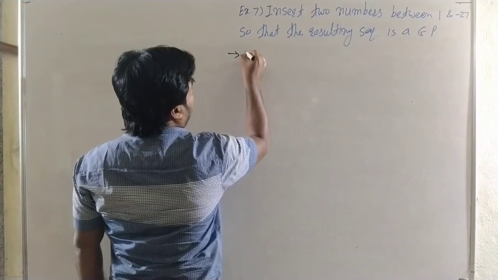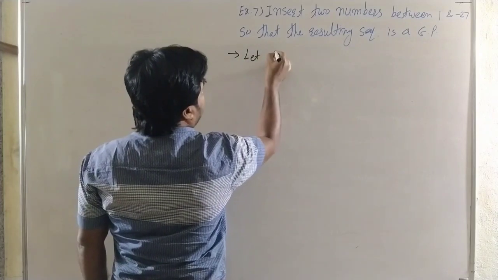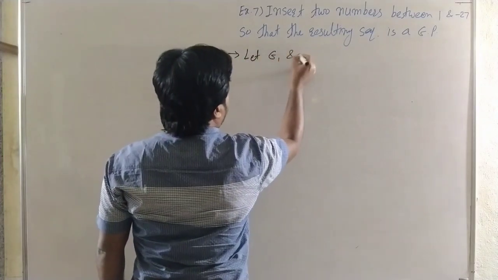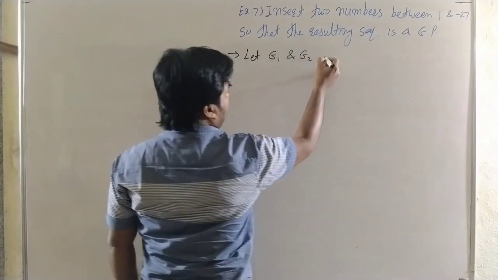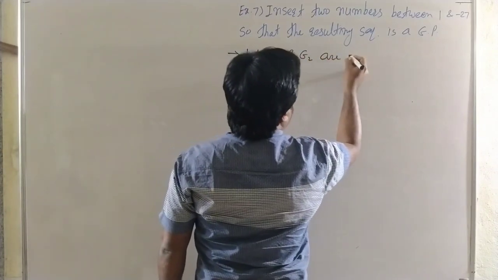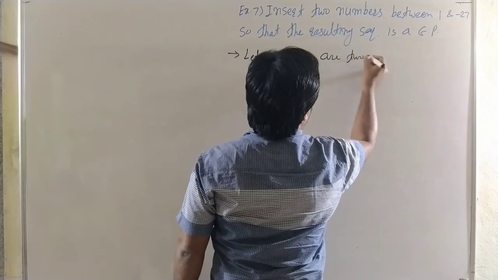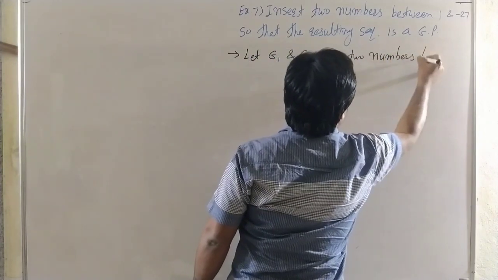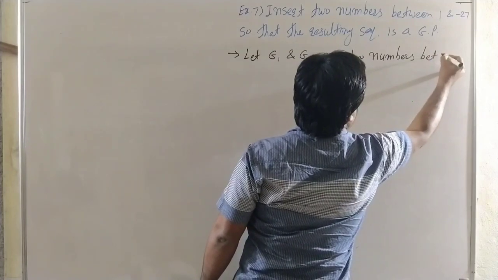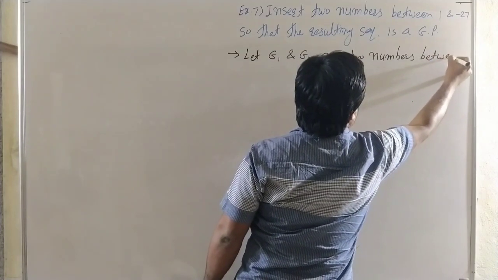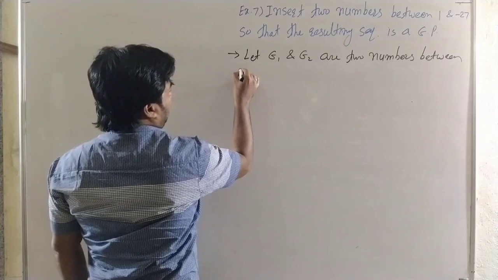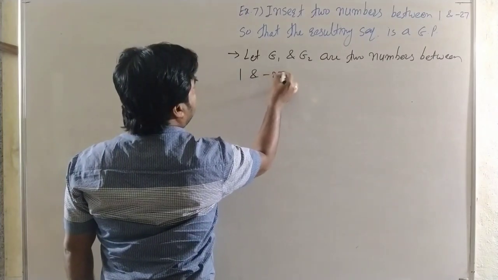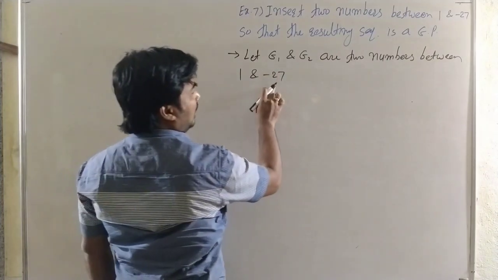Here let g1 and g2 be two numbers between 1 and minus 27.